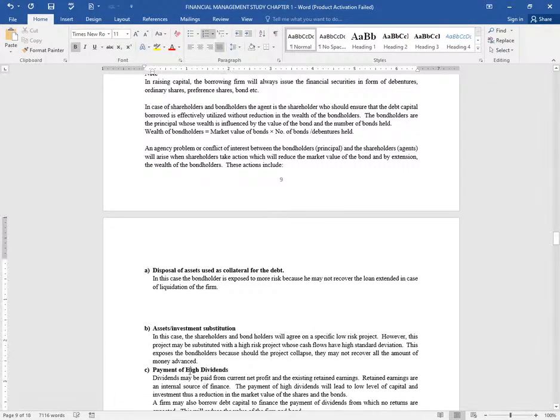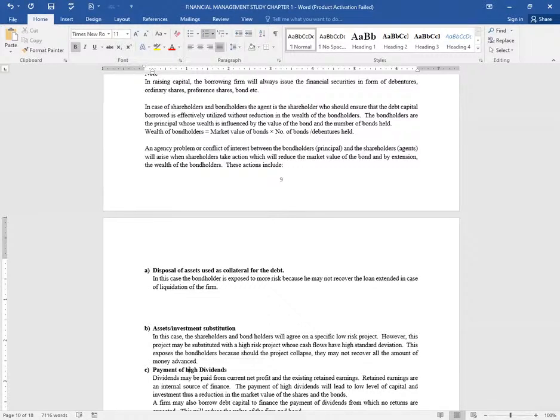Another thing that normally brings a big conflict between these parties is payments of high dividends. These dividends are normally paid to who? The dividends, ladies and gentlemen, are normally paid to ordinary shareholders. When you pay ordinary shareholders higher dividends, it means that in the future, you will be having a problem in repaying the debt providers, the creditors.